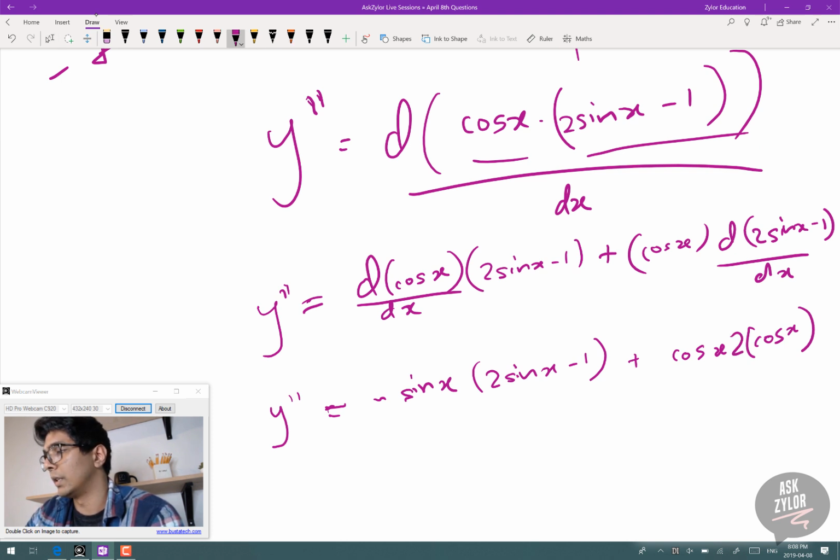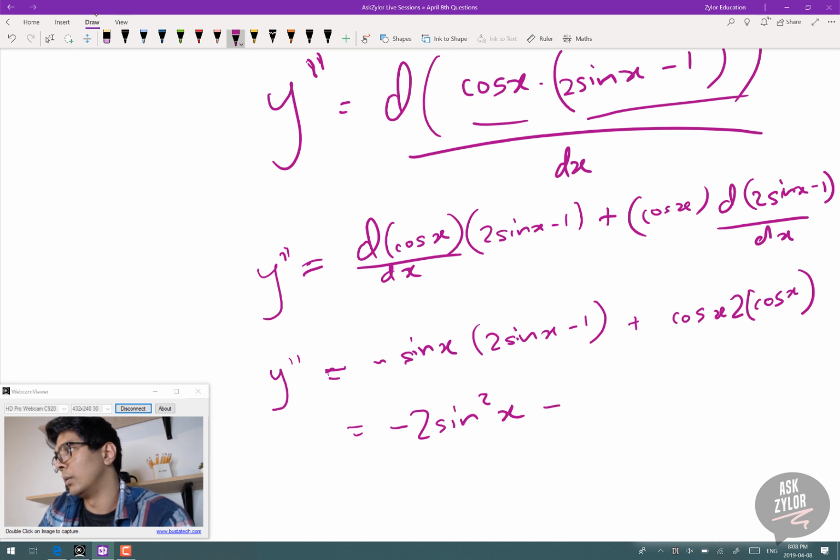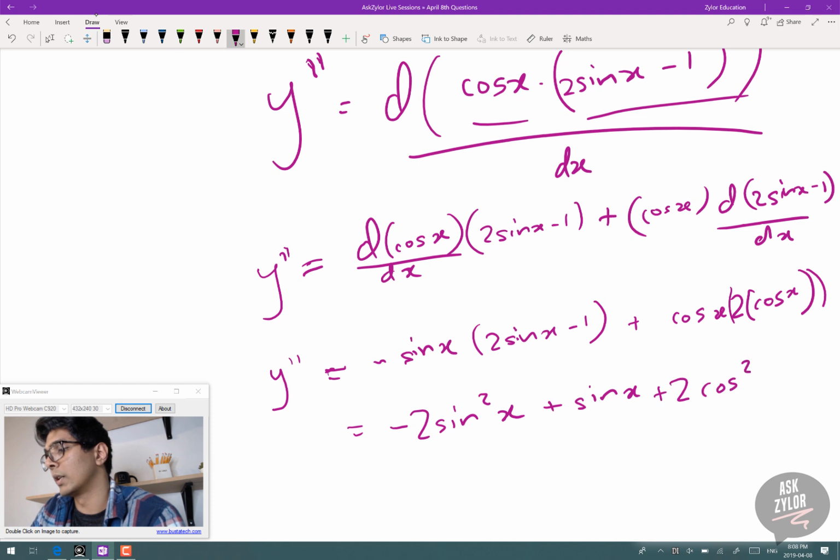I can't forget the 2 for that. So this simplifies to negative 2 sine squared x, minus a minus gives me plus sine x, and then I have, this is a bracket, so I have plus 2 cos squared x.